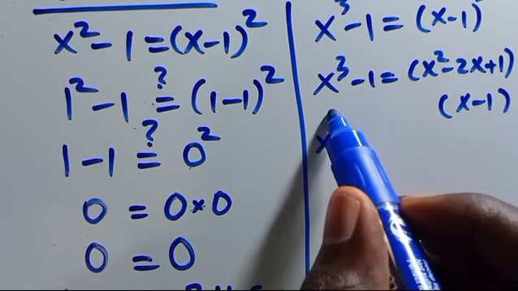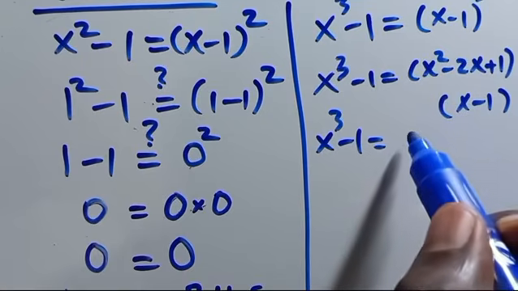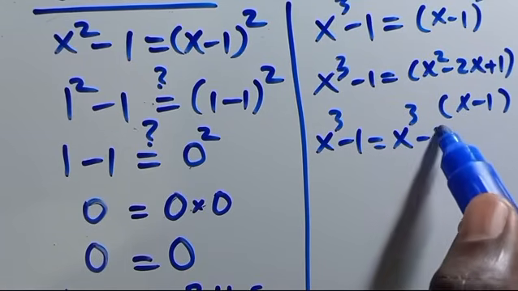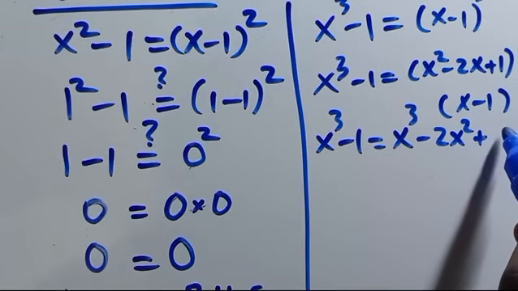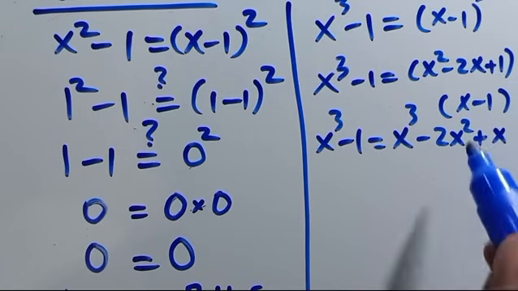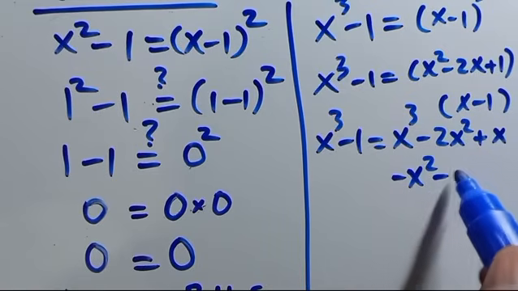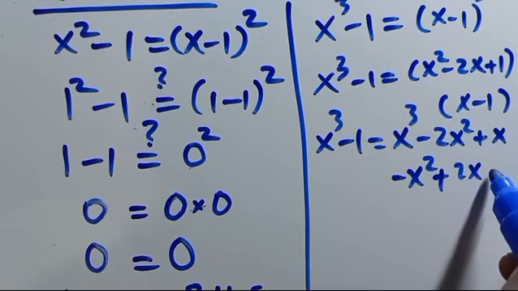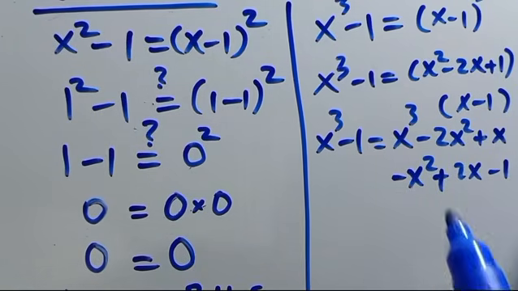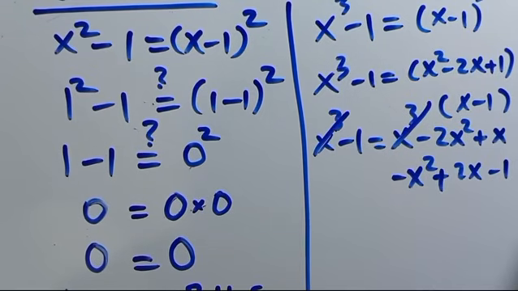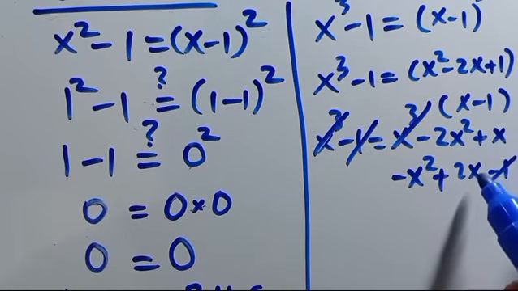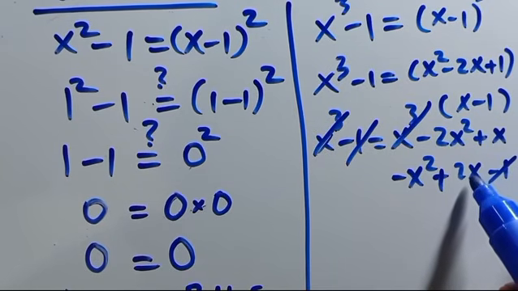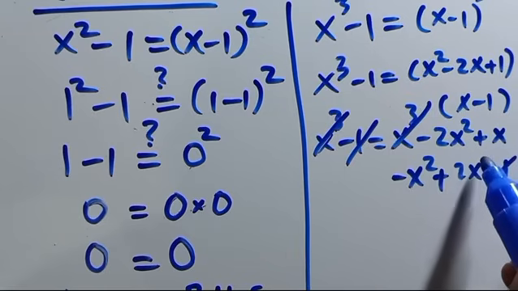So here will be x to the power of 3 minus 1, multiply with x to the power of 3, here will be minus 2x squared, here will be plus x, minus x squared, plus 2x, then minus 1. So obviously this and this will cancel out. Then this and this will cancel. We have this and this left.